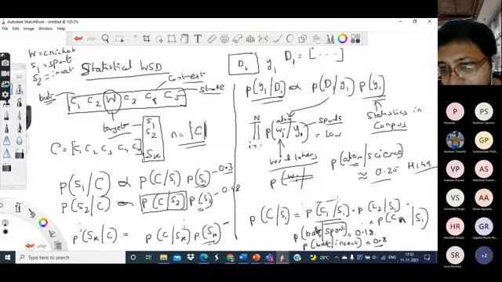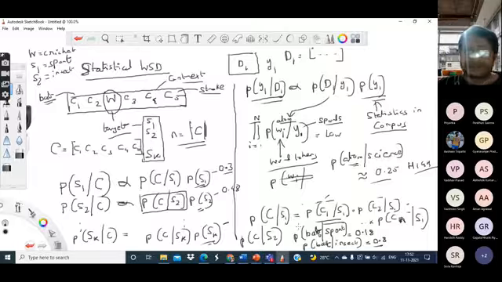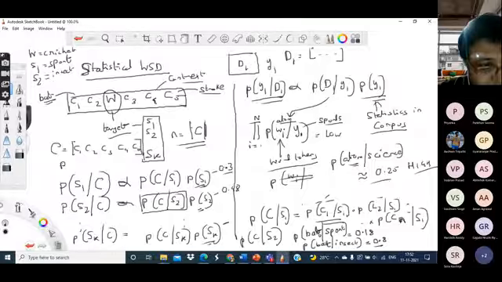So some of these terms are going to be high, some of these terms are accordingly going to be low, and we will calculate this both for S1 as well as for S2, and then decide. We are calculating these probabilities, which we call the posterior probabilities.